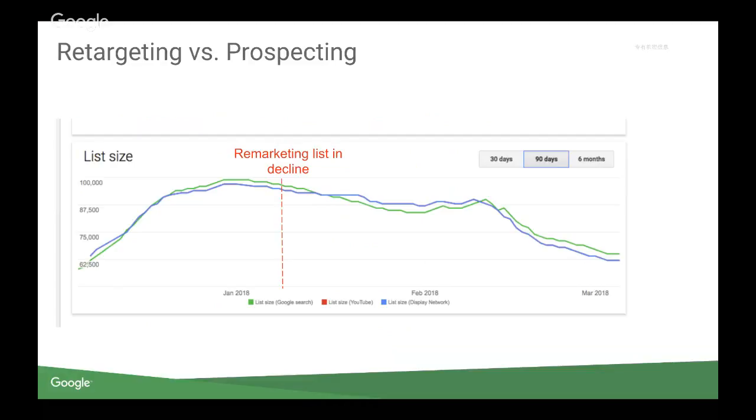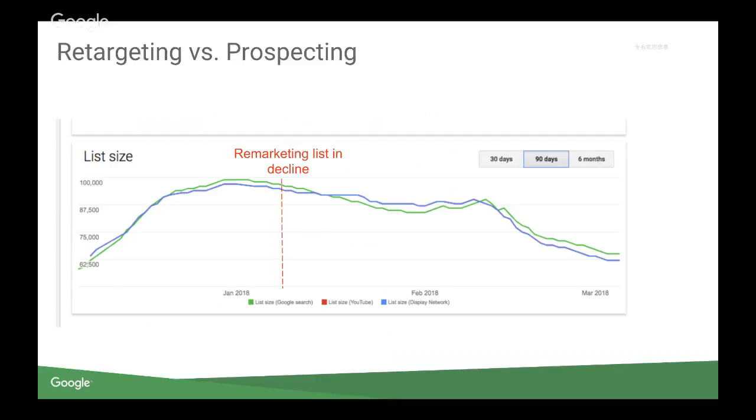One typical example that we have seen, for clients who only do remarketing, as you can see here, is that most of the time, if they just do remarketing, they will be able to build up a remarketing list at the beginning. But if they don't do any prospecting at all, the remarketing list will start to decline. So make sure that you monitor the remarketing list on a regular basis.